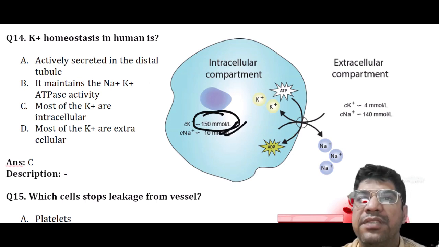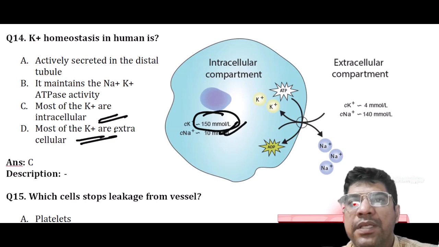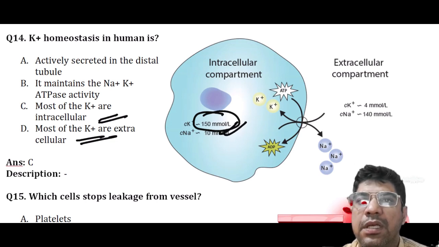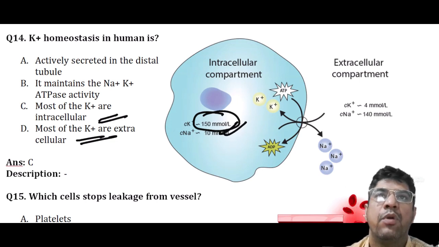While other options like active secretion of potassium in the distal tubule or sodium potassium ATPase activity also play a role in potassium regulation, the distribution is the fundamental aspect of potassium homeostasis.